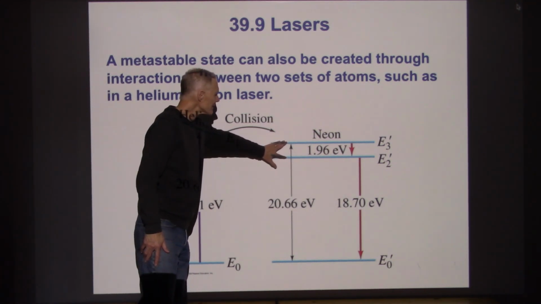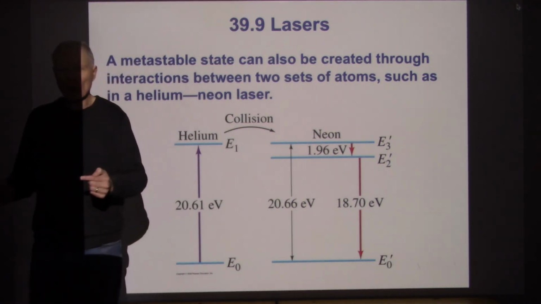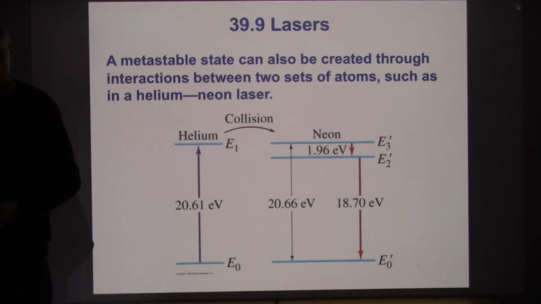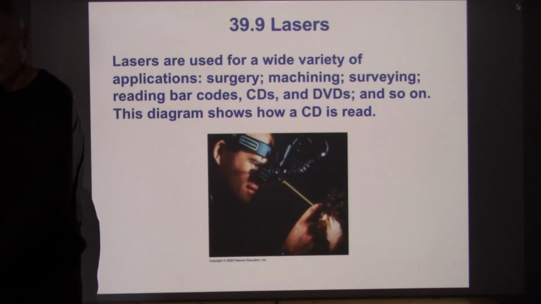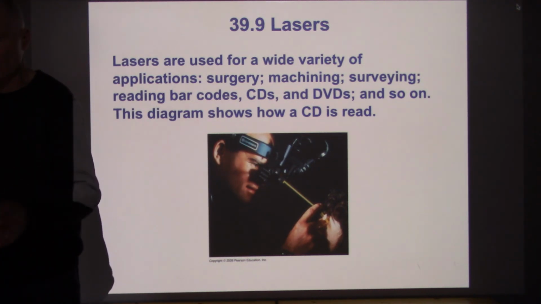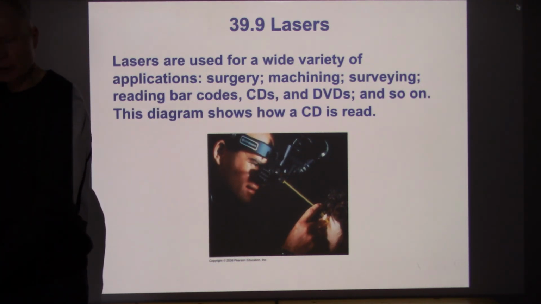And then there is this transition that we can set off with sending in photons of similar energies. We can set off that effect of stimulated emission using light. And of course, lasers are used all over. Surgery and machining, surveying, barcode, CDs, DVDs.